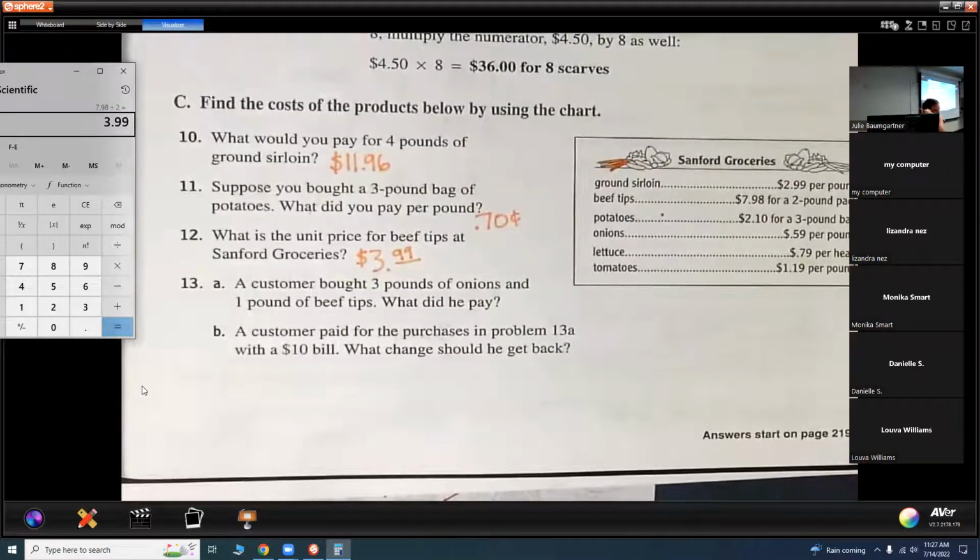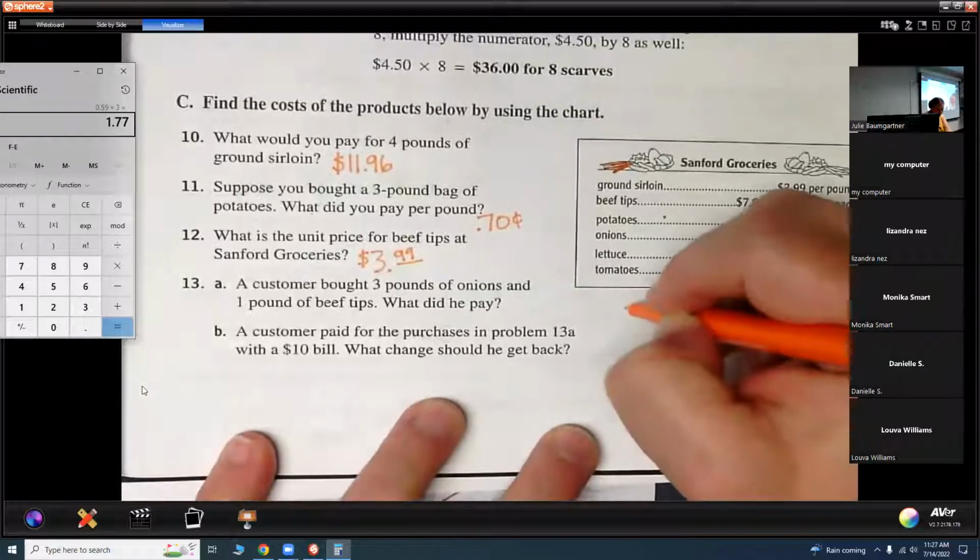Okay. A customer bought 3 pounds of onions and a pound of beef tips. What did he pay? $5.76. Oh, okay. Well, let's see. So 3 pounds of onions, so 59 cents a pound.